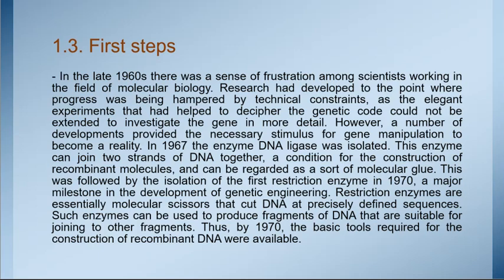Restriction enzymes are essentially molecular scissors that cut DNA at precisely defined sequences. Such enzymes can be used to produce fragments of DNA that are suitable for joining to other fragments. Thus, by 1970, the basic tools required for the construction of recombinant DNA were available.